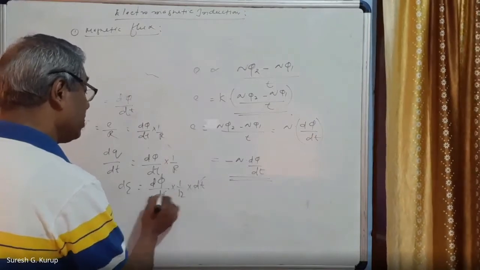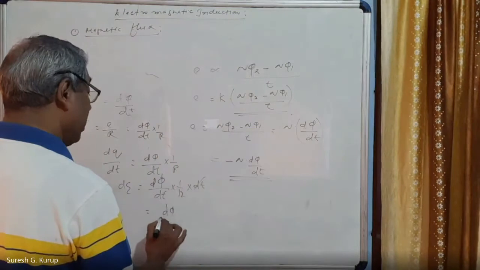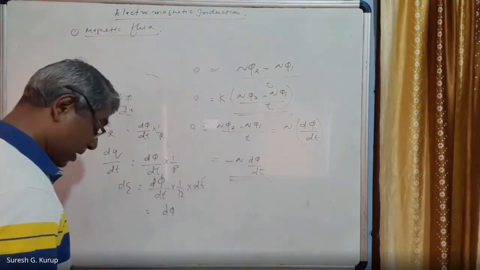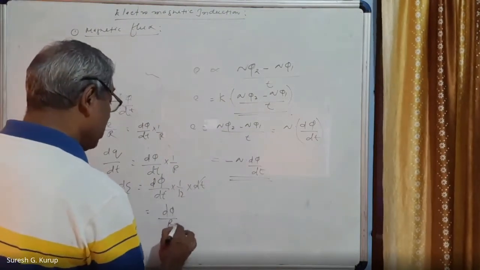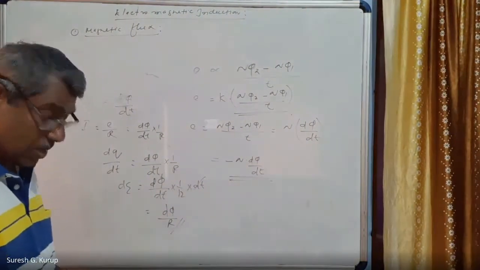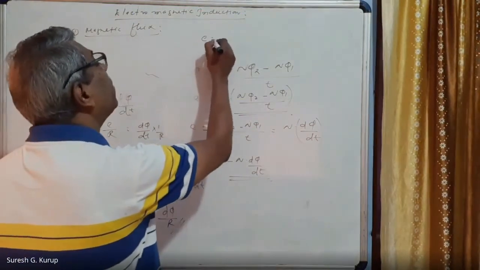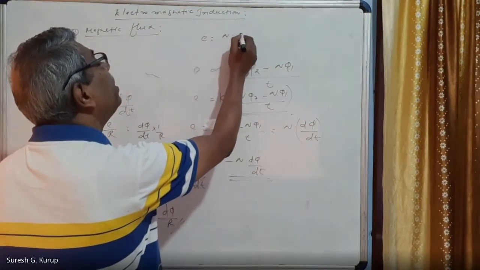The dt cancels, and you will get dq is equal to d phi divided by R. So this is another equation. The magnitude of the EMF is generally given by E is equal to N into d phi by dt.